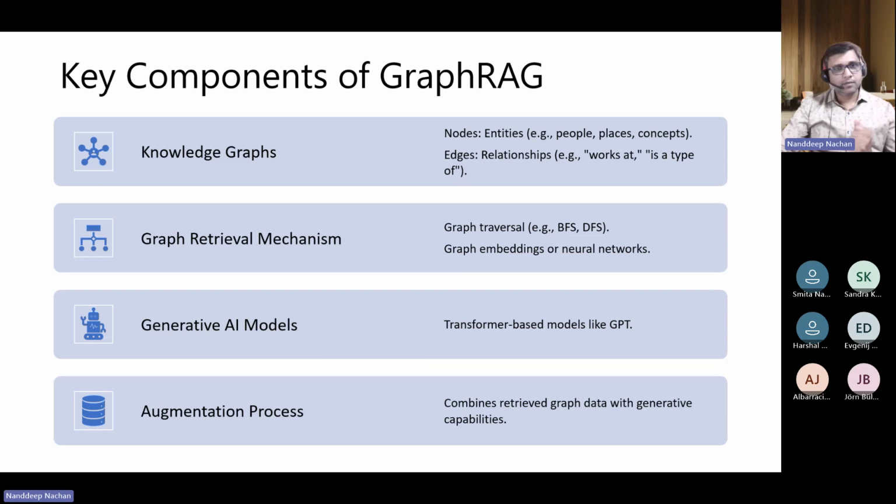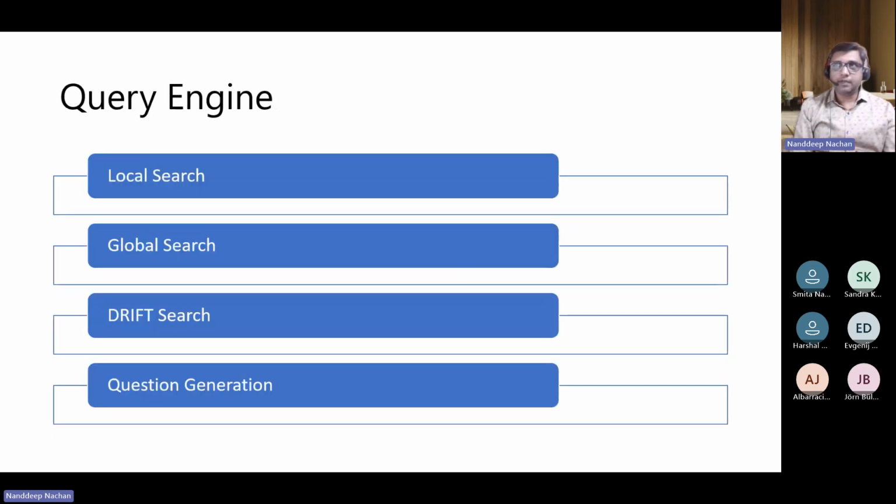Now, when we are working with GraphRAG, there are various depths at which we will be able to query the information. There is a query engine, which is the retrieval module of the GraphRAG library, and it is one of the two main components of the library. The other one is obviously the indexing pipeline, which helps us index the content. So we have local search.